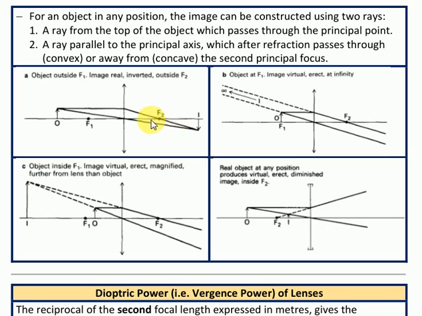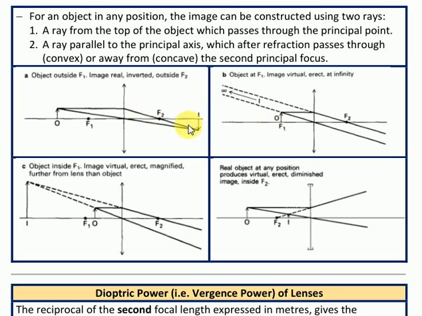In case of convex lens it passes through the second principal focus; in case of concave lenses, it is away from the second principal focus. So the second ray, passing parallel to the principal axis, after refraction passes through the second focal point in case of convex lens.